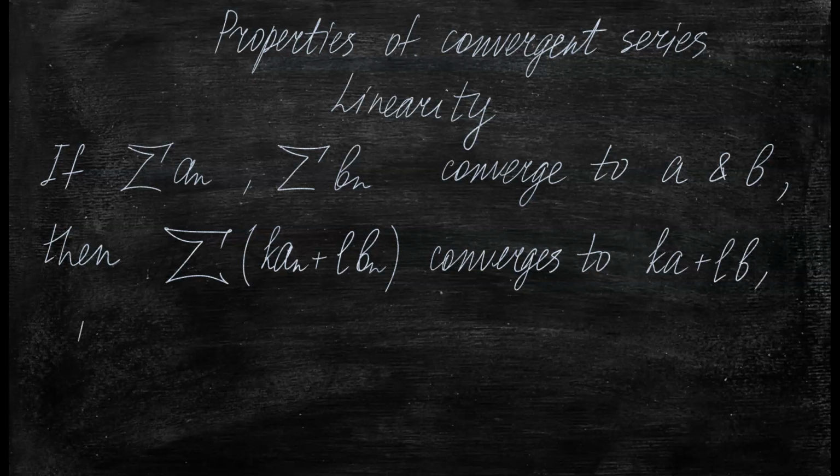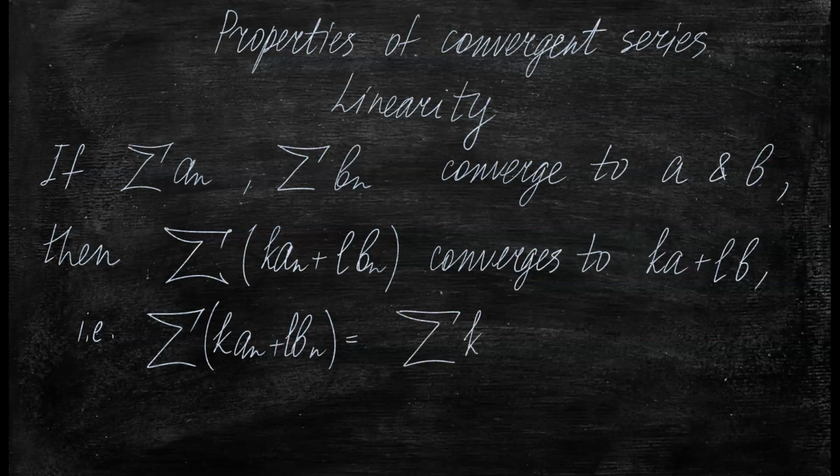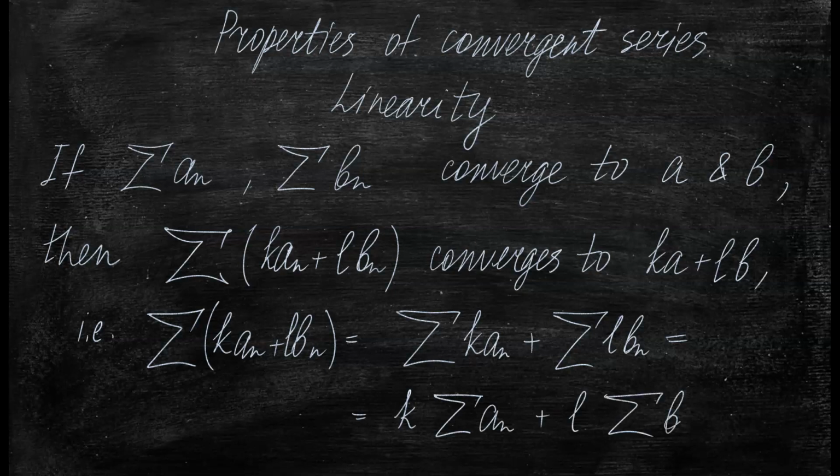which means that when you have an infinite series like this, you can separate it first. So you can separate the original series into two series, and then you can factor out the constants from a series. So it will look like this. Let's do a quick example.